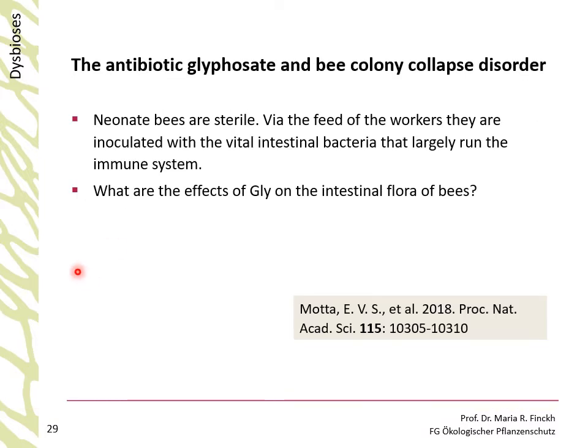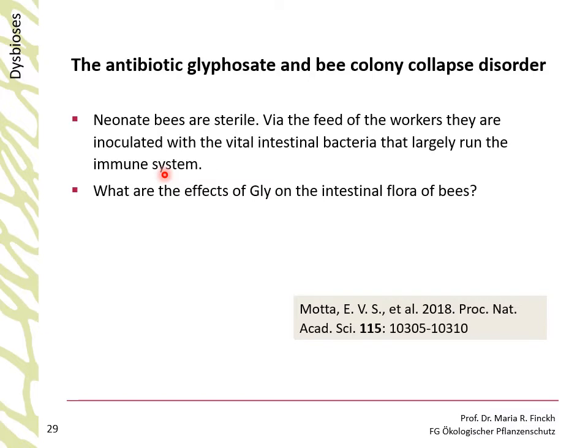If we look at the antibiotic glyphosate and what it can do to the microbiome, one very important example is the bee colony collapse disorder. That has been going through the press for the last 10 years. The problem is that we have a lot of bee decline, a lot of bees dying, colonies suddenly disappearing, especially in North America, but also in Europe.